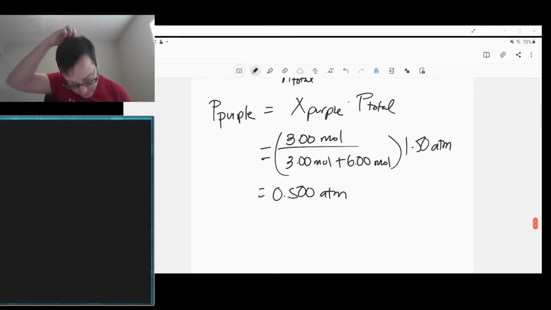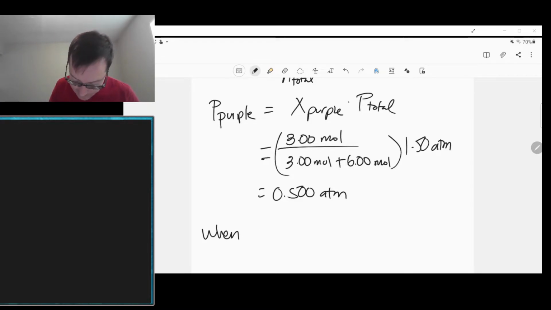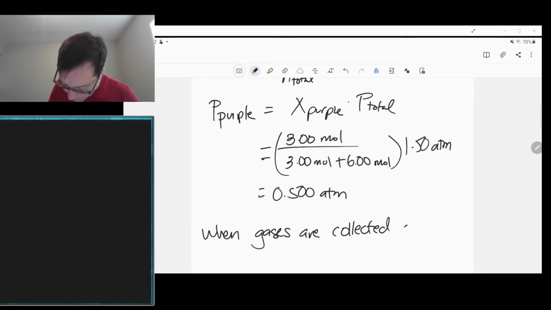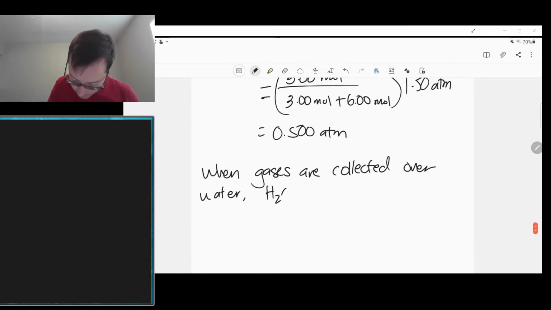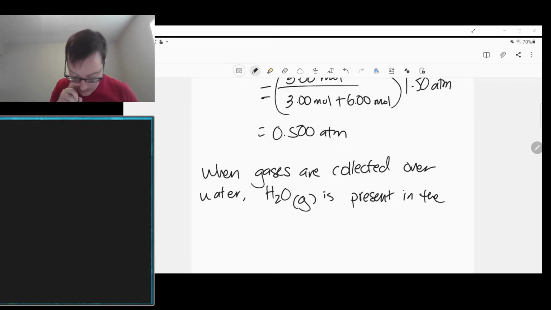So let's say that we'll take a look at the purpose of all this stuff in just a second here. So when gases are collected over water, this will be present in the produced volume of gas.